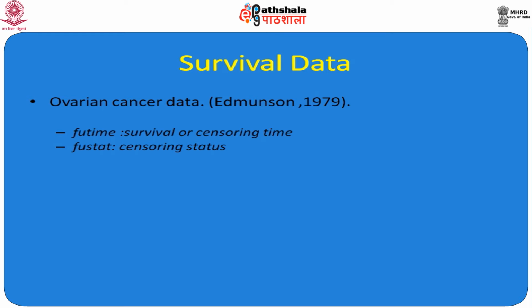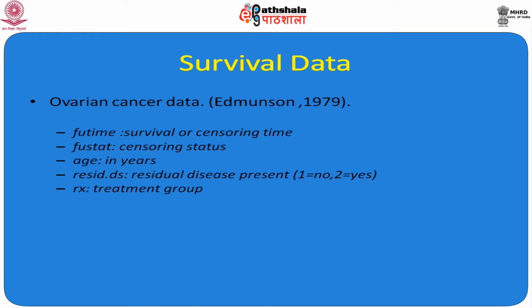Age is in years at the study entry of those patients, and resid.ds gives whether residual disease is present or not, given as 1 for no and 2 for yes, and Rx is the treatment group. Two types of treatment are given, and another variable, ECOG.ps, is also considered.